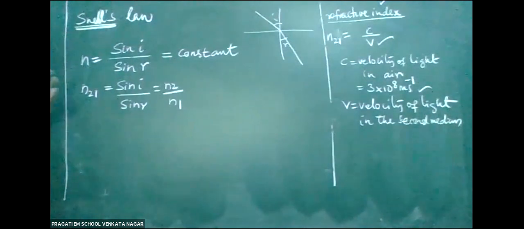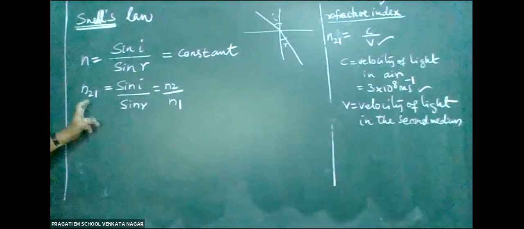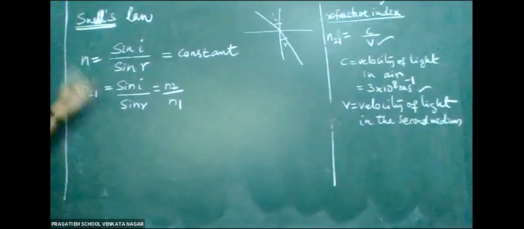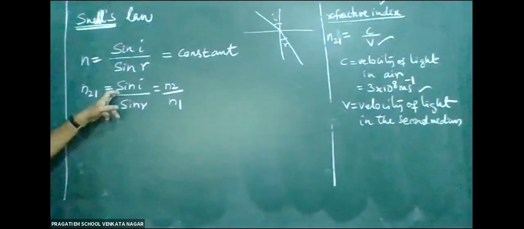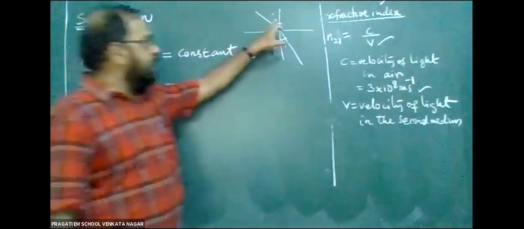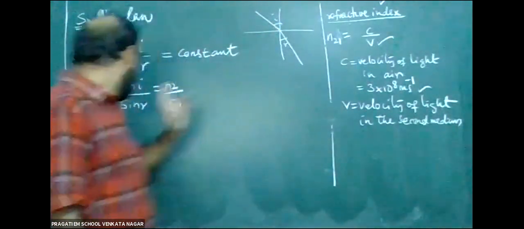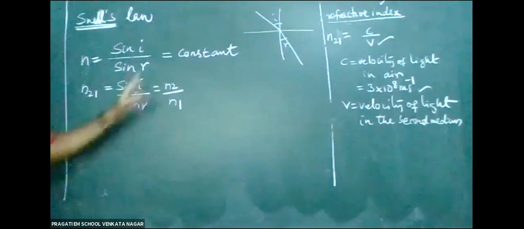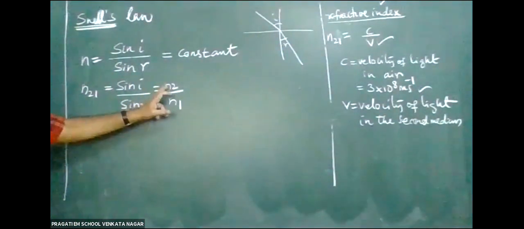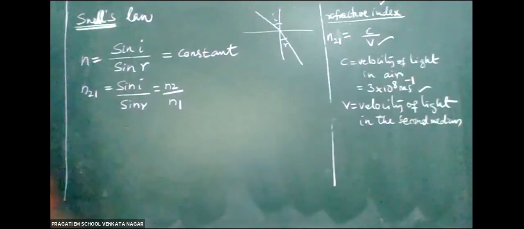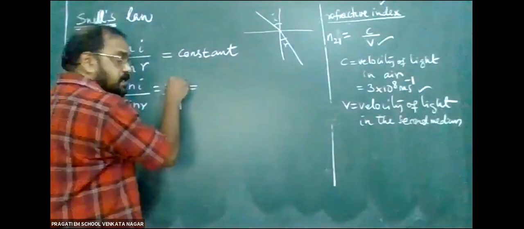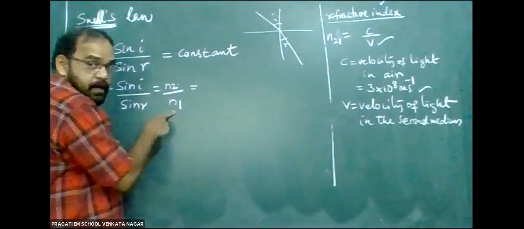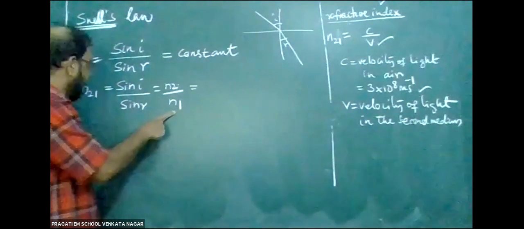Once more, N21, the refractive index of the second medium with respect to the first medium, is equal to sine of the angle of incidence, sine I, by sine of the angle of refraction, sine R, which is equal to N2 by N1. What is N2? Refractive index of the second medium by refractive index of the first medium.